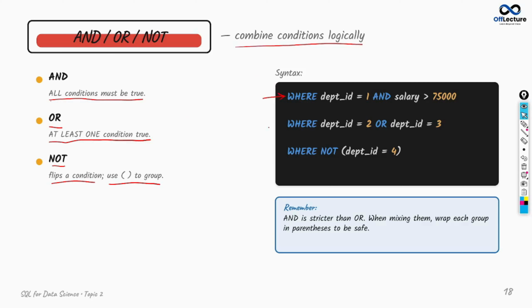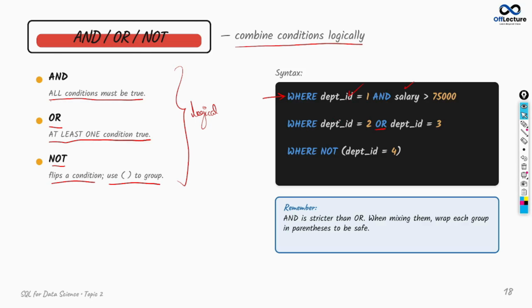You can see the syntax. Since all are logical conditions, they will be used with WHERE. So WHERE department ID equals 1 AND salary is greater than 75,000. What this means is that both the conditions should be true simultaneously in order to get the output.